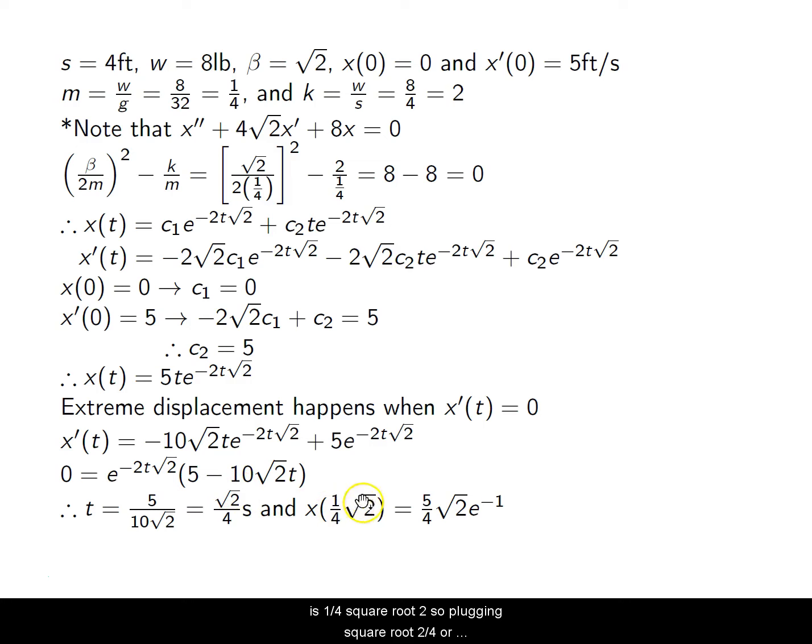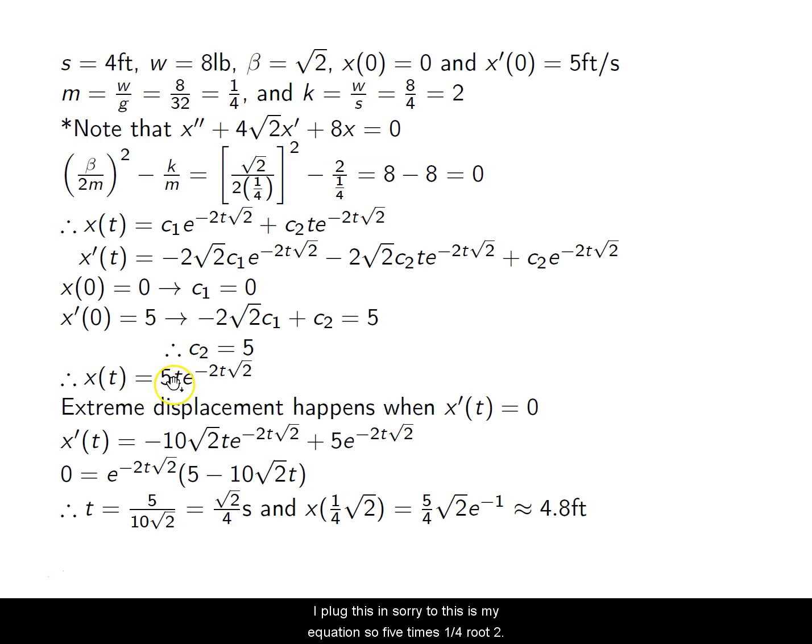So plugging square root 2 over 4, or 1/4 root 2, into my position function will tell me how far away I am at this time. Sorry for the confusion, you guys. Okay, and that will be about 4.8 feet. So again, when I plug this in here, right, I plug this in. This is my equation.